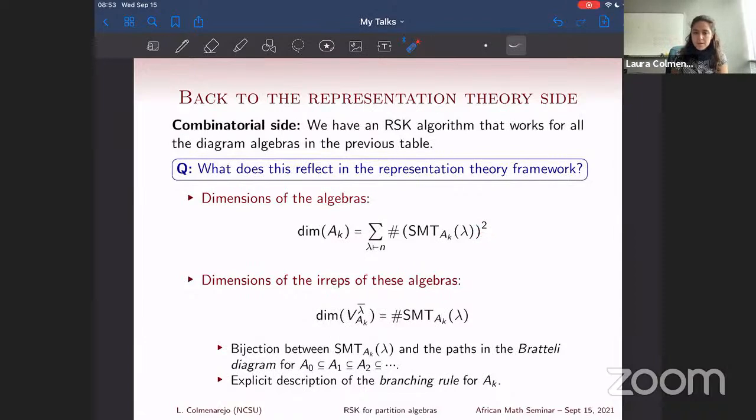We are also showing that this number is actually the dimension of the irreps. And to do this, we actually had to understand the Bratteli diagram, on how to put one algebra inside the next one when I'm increasing k. And we also have to give an explicit description of the branching rule. So if you know a little bit more about how RSK works and how you prove the dimension of an irrep, that is in this case a very combinatorial one.